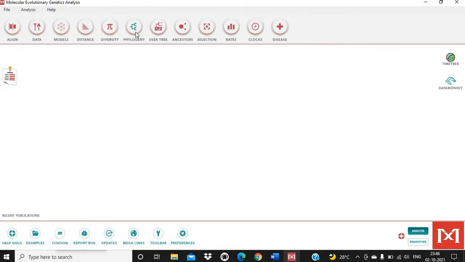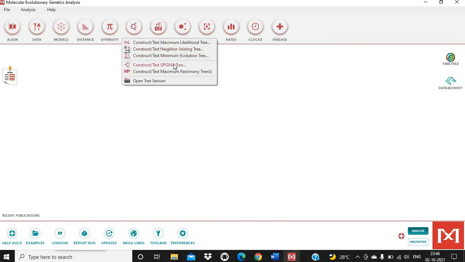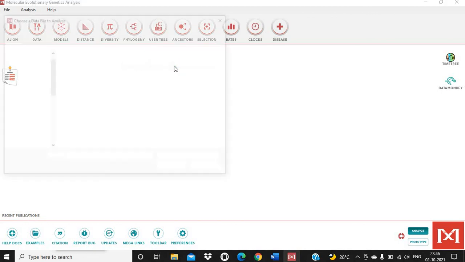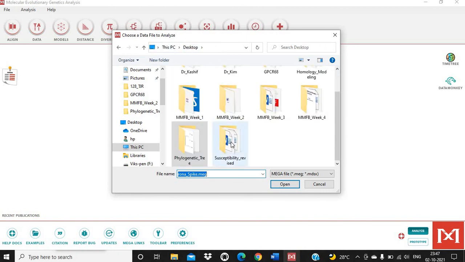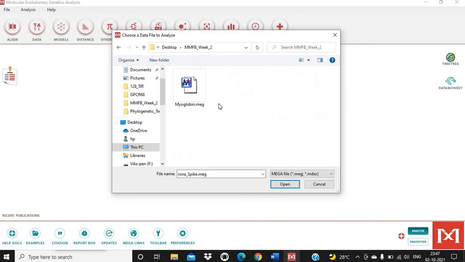Then click on phylogeny and construct and test UPGMA tree.